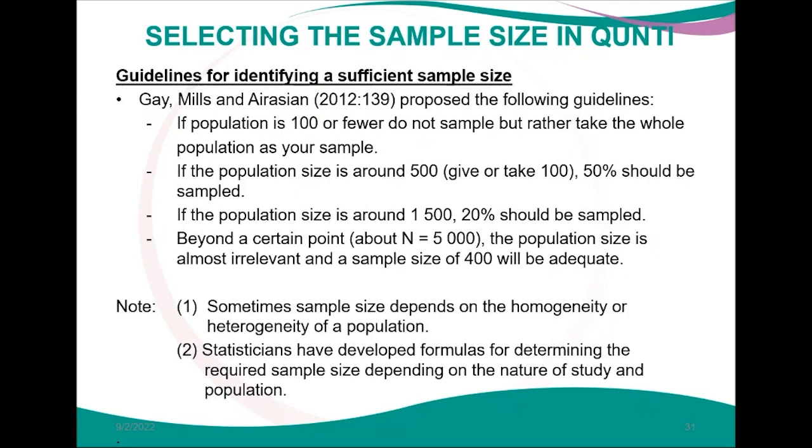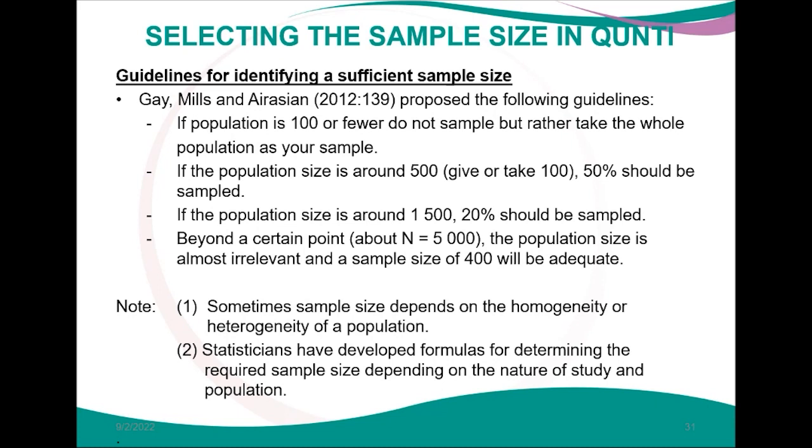So how do you select the sample size in a quantitative study? These are the guidelines for identifying a sufficient sample size in a quantitative study. If population is 100 or fewer, do not sample, but rather take the whole population as your sample. This is for the quantitative researchers.